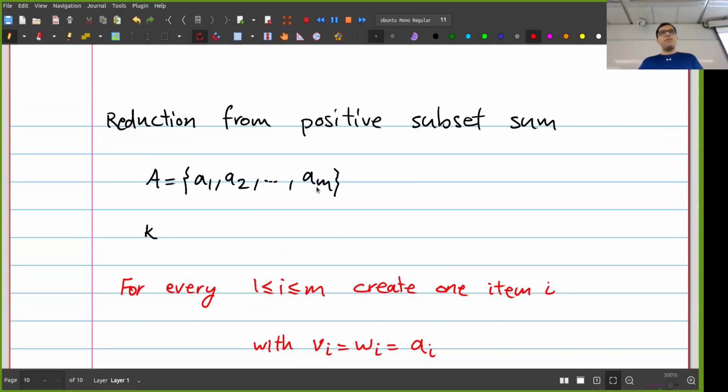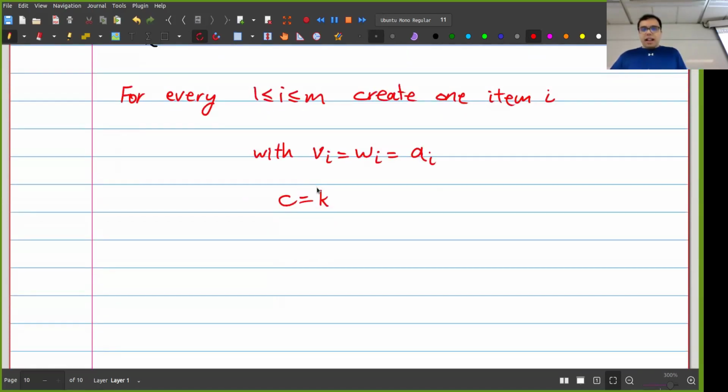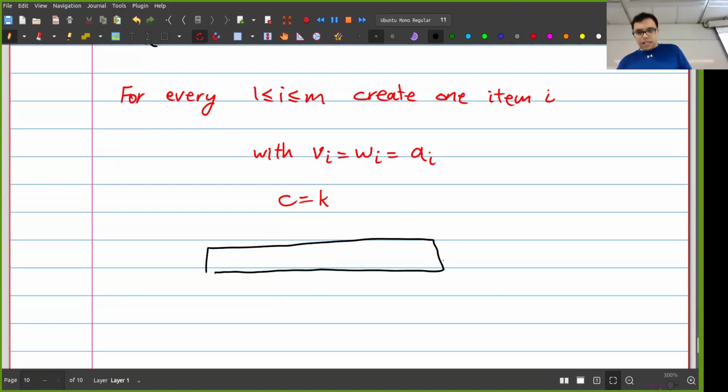So all of my weights and values are positive right now. Okay, and then I say, suppose that I have a knapsack of size K. So this is my knapsack, it has size K. And my question is, can I completely fill this knapsack? Can I fill it so that I get a total value of K?